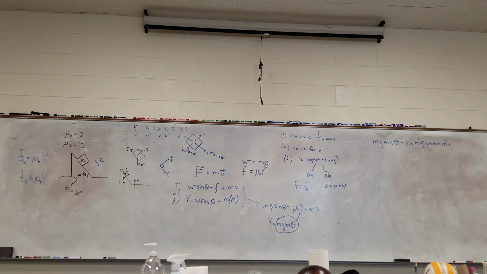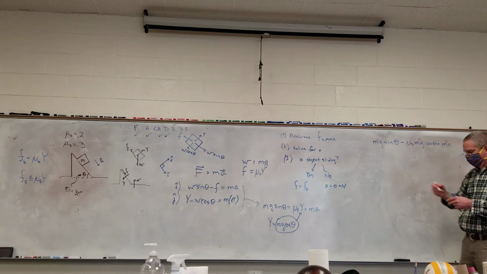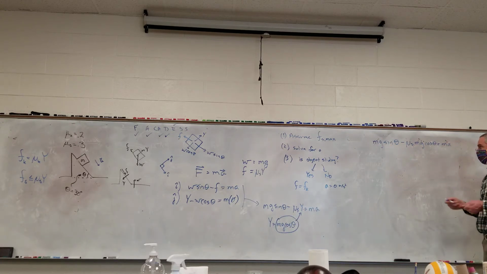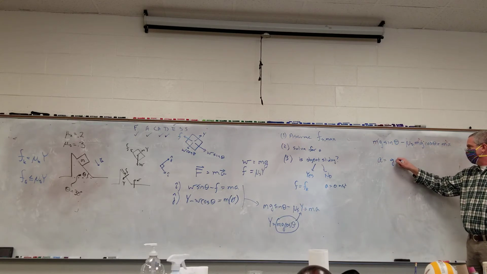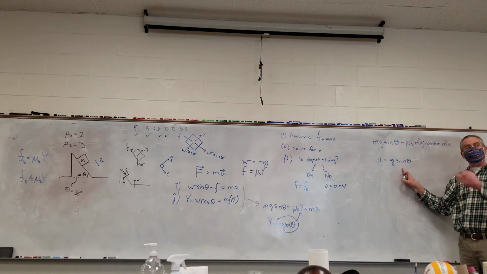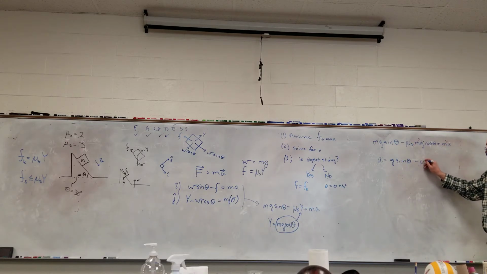Divide both sides by m. Yeah, no g, sorry, no advantage to that. All right, so we divide by m, m's go away. And so now I have a formula for acceleration for this problem. My acceleration is equal to g sine theta, which was the acceleration when there was no friction, minus this frictional piece, mu s g cosine theta.